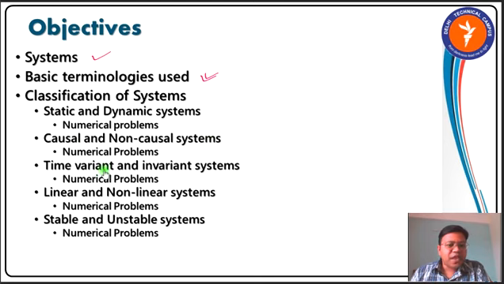Then we have time variant and invariant systems, linear and non-linear systems, stable and unstable systems. The systems can still be classified further, but as per the scope of the syllabus of circuit and system, we will stick our classification to only these kinds of systems. Let us proceed further.